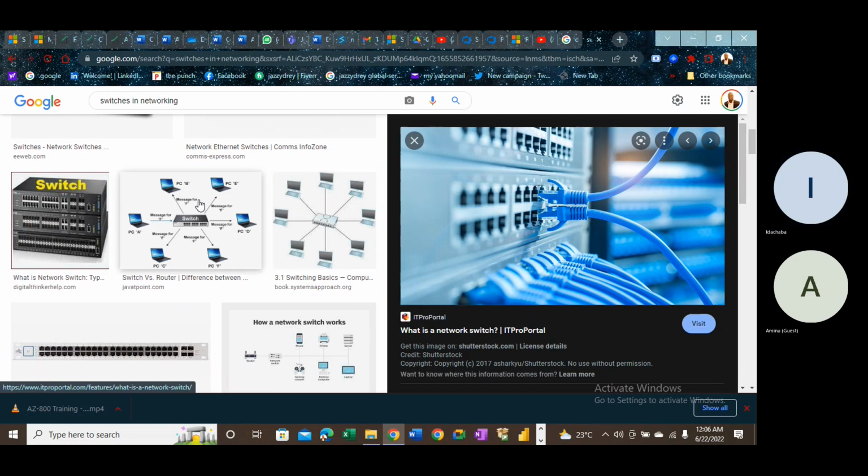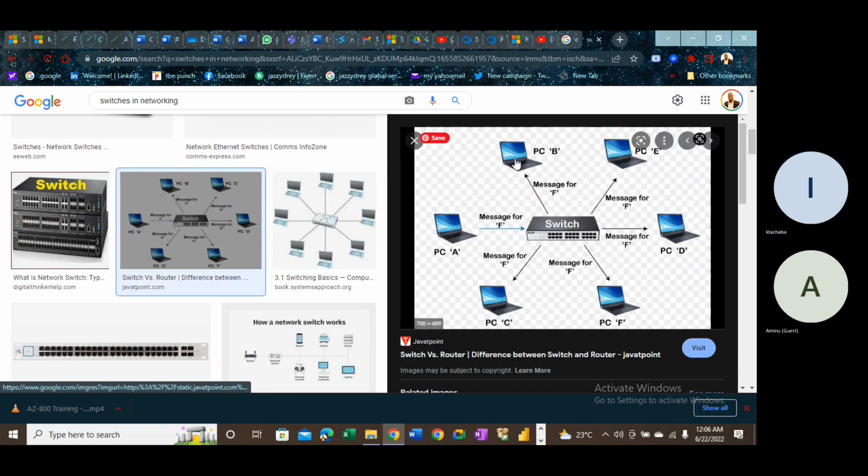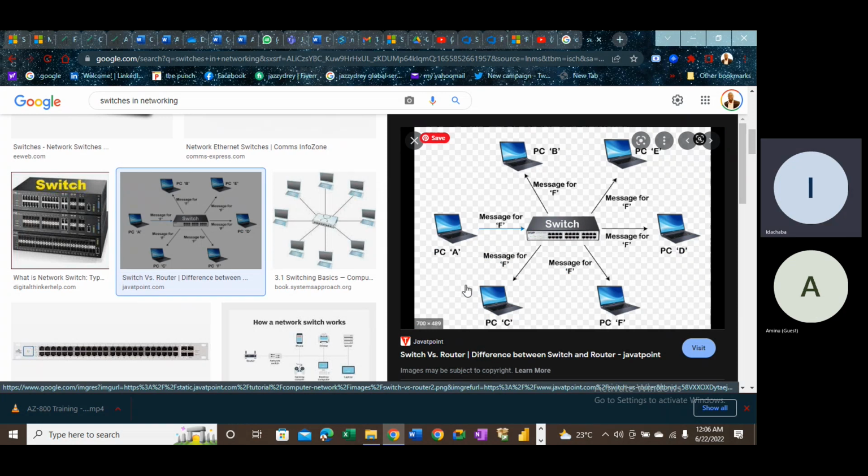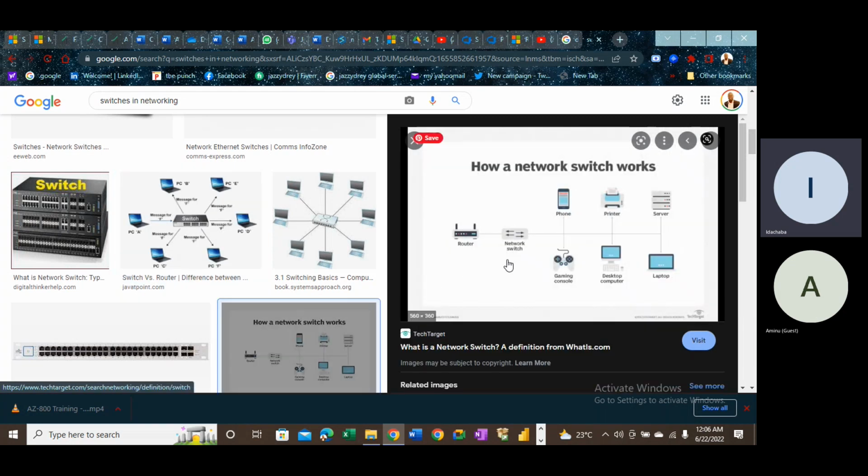For example, your laptop, your tabletop, your PC, your printer, they are your end devices. But they also have their own way of doing their work.